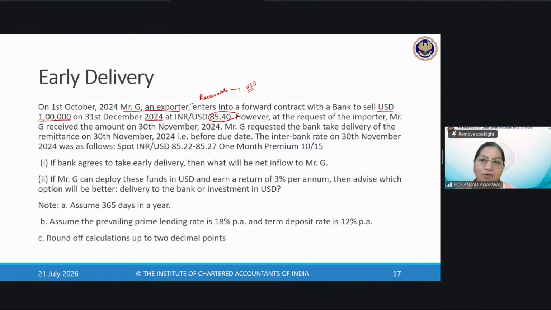The bank may also charge the loss it may face because of this, which is also called the swap difference. So the interbank rate on 30th November is spot and 1 month premium is 10 and 15. So your question is, if the bank agrees to take early delivery, what will be the net inflow of Mr. G?